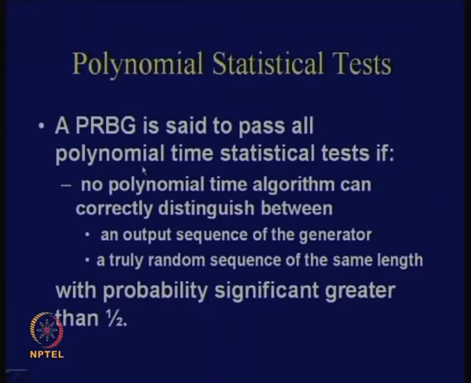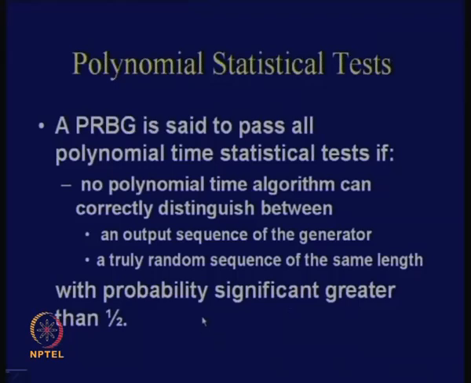Given a pseudorandom bit generator that produces a sequence, say S, the polynomial time algorithm will act upon S and try to say whether this is a pseudorandom sequence or not. We say that the pseudorandom bit generator is said to pass all polynomial time statistical tests if no polynomial time algorithm can correctly distinguish between an output sequence of the generator and a true random sequence of the same length.